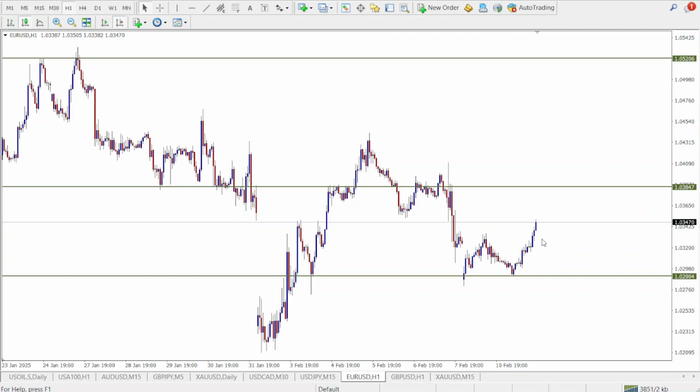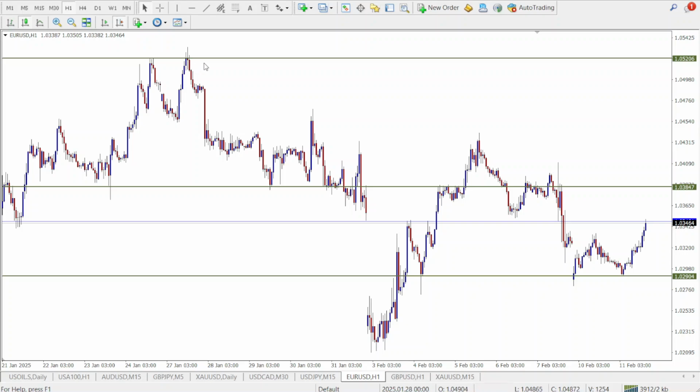Now, support and resistance are key price levels where the market tends to react. Let's break them down. A support is a price level where the market finds buying interest, preventing it from falling further. Think of it like a floor holding up the price. On the other hand, resistance is a price level where the market encounters selling pressure, stopping it from going higher.